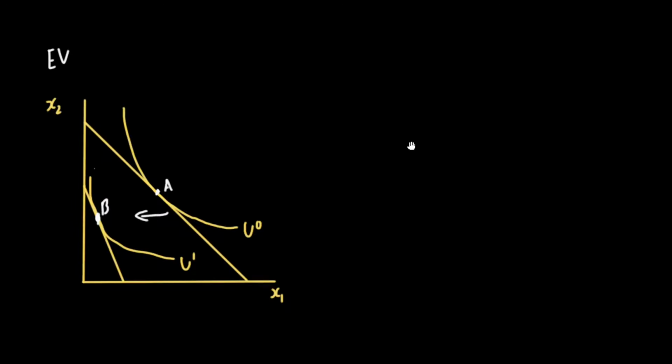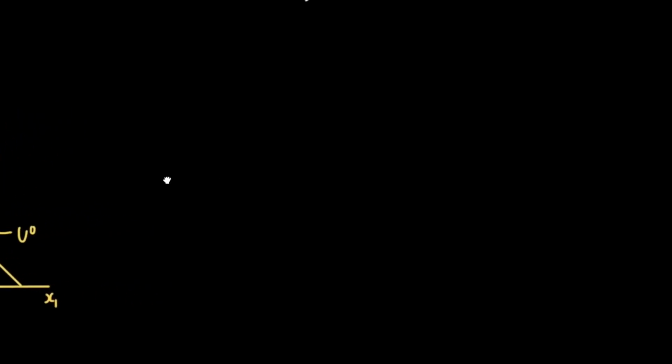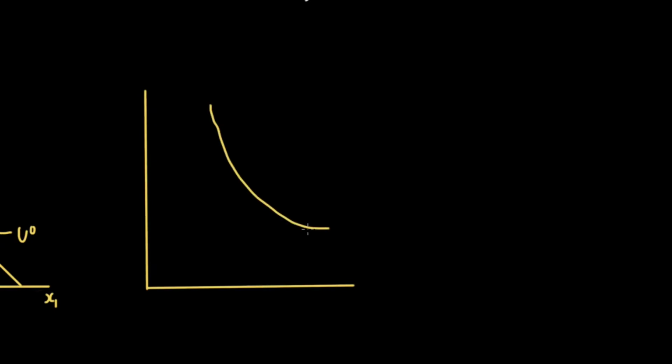So again, what the EV is trying to do is to change the income rather than the prices of the goods. So again, given this utility level and the original budget line here, let's say that the prices of the goods will actually decrease this time.